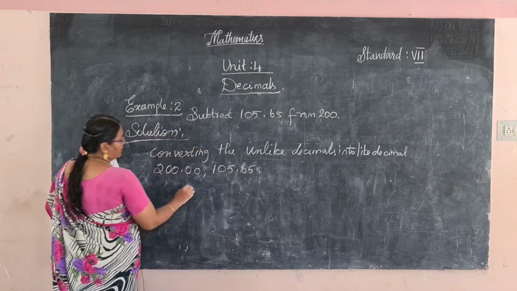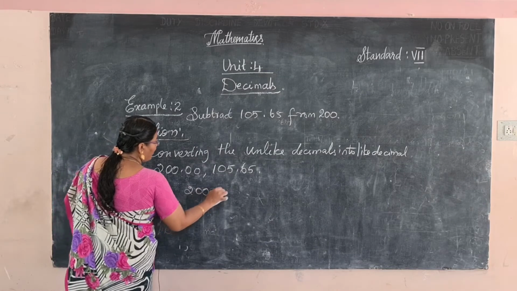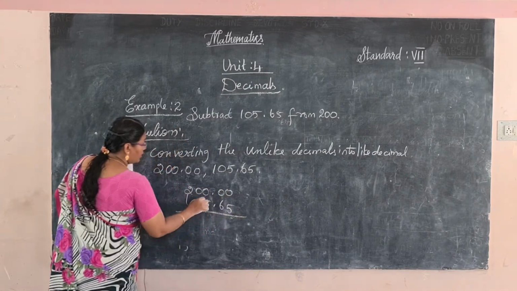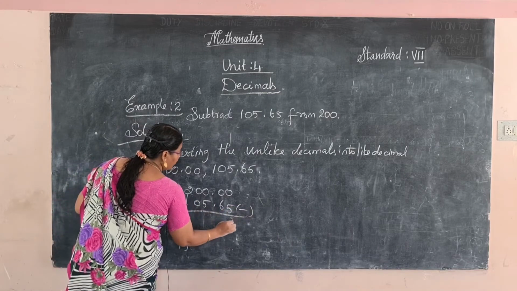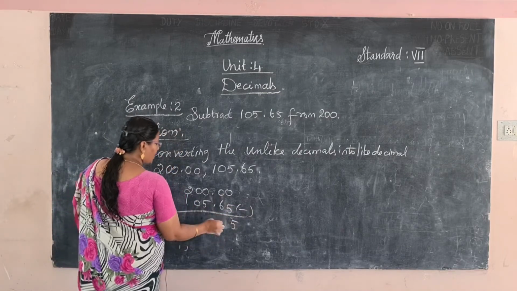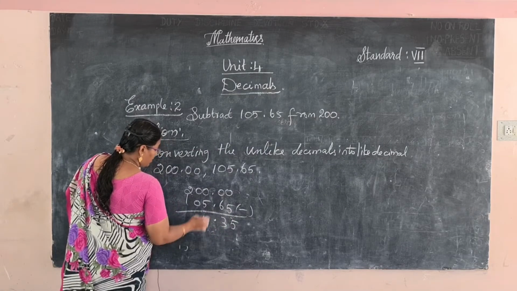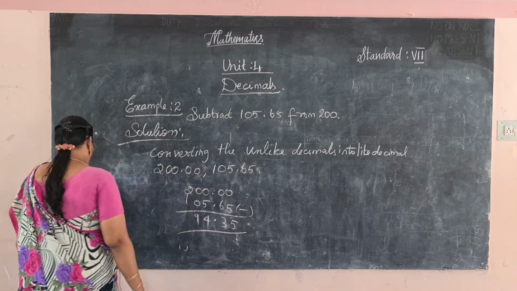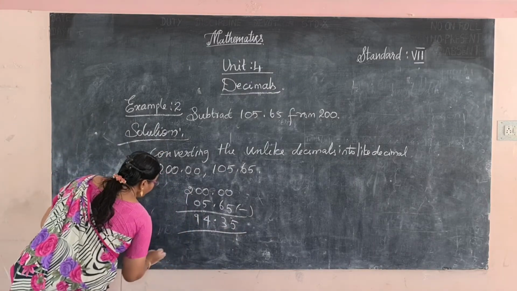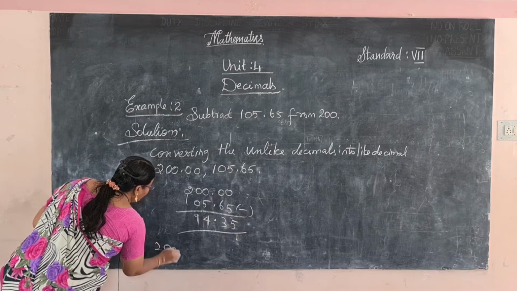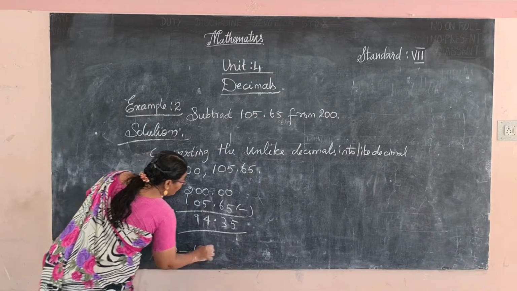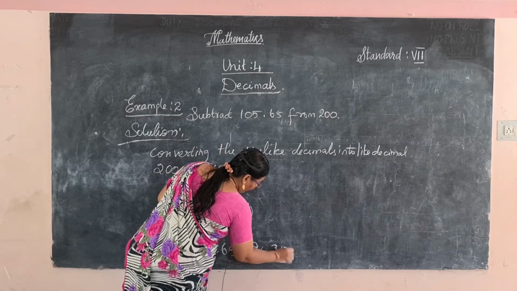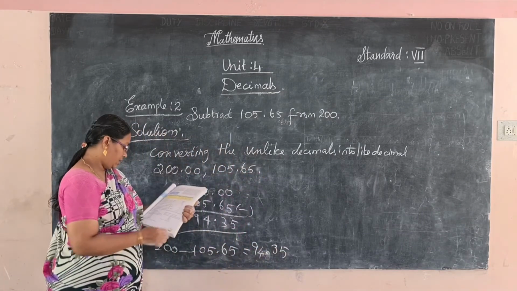Now subtract from 200.00 the number 105.65, and we get 94.35. So 200 minus 105.65 is equal to 94.35.